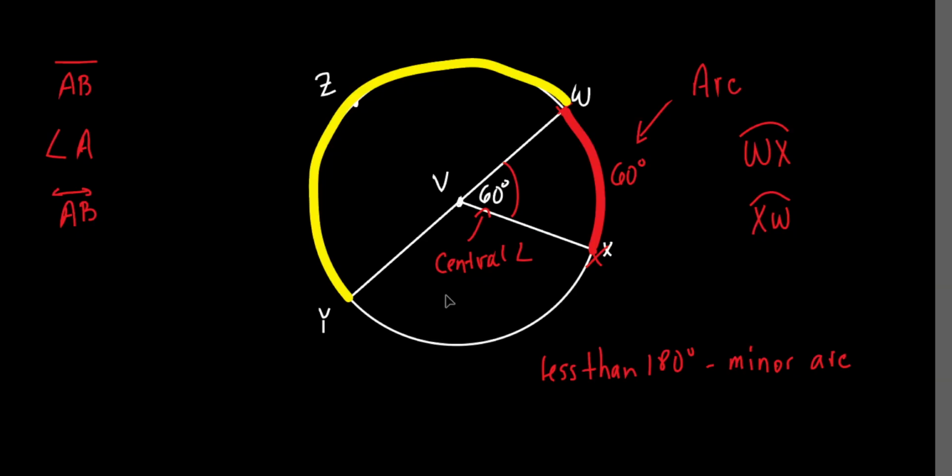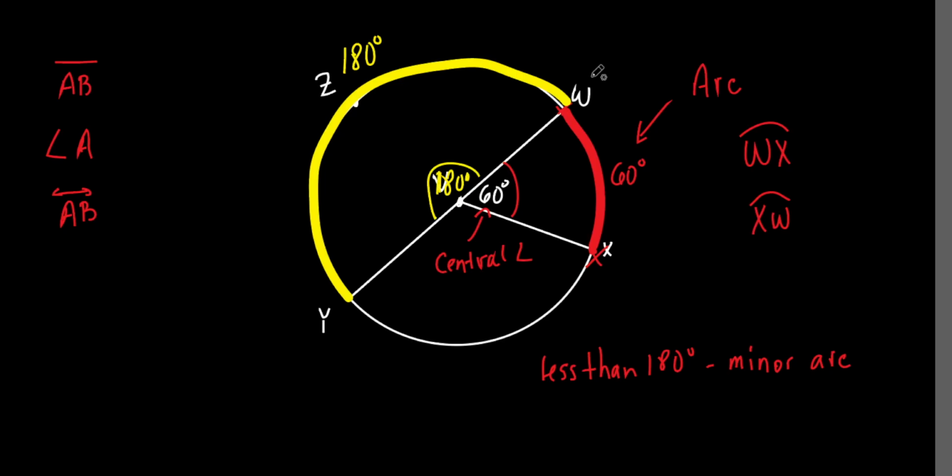I didn't just pick two random points on the circle. I picked two points specifically. Why did I pick those two points, do you think? Because this would be the central angle, wouldn't it? What is that central angle right there, that yellow angle? It's 180 degrees, right? So what do you think this arc is, this big old fat yellow arc? It's also 180 degrees. Does that make sense?